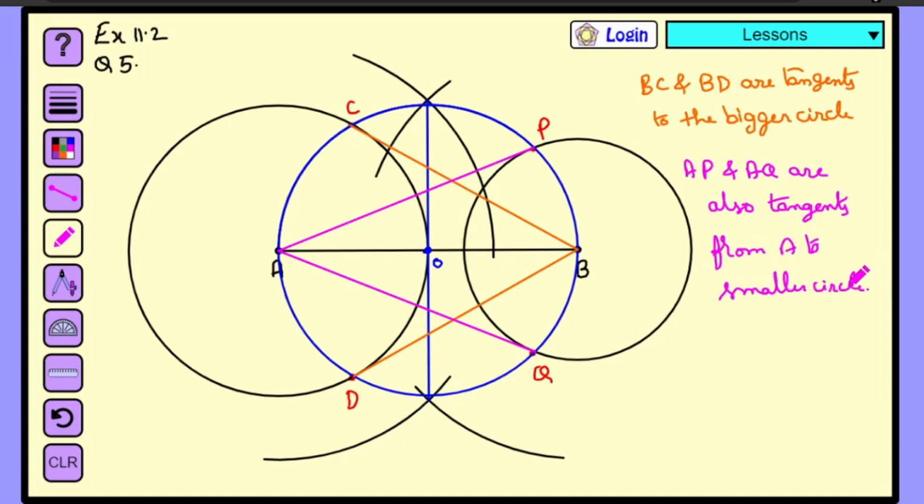Therefore, AP and AQ, BC and BD are the required tangents. Clear? Thank you.